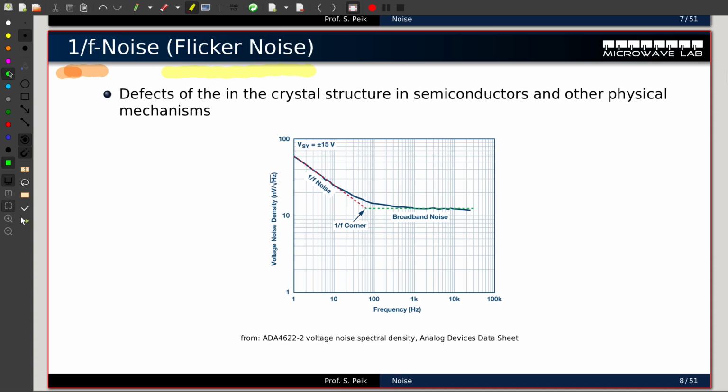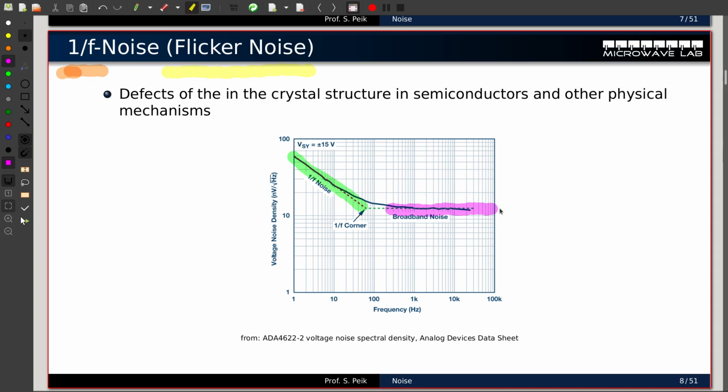As you can see in this chart, from an Analog Devices operational amplifier, you see the noise produced there. When you look at the frequency, the level of noise goes down with frequency with 1 over f, and on a log scale it's a straight line. And then at higher frequencies the noise stays constant.